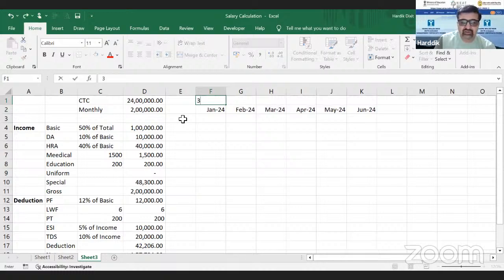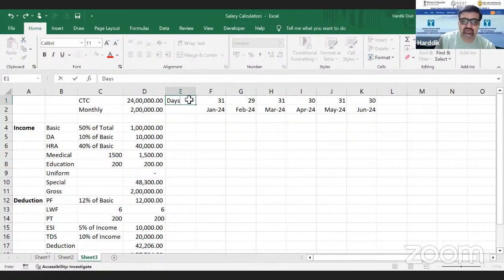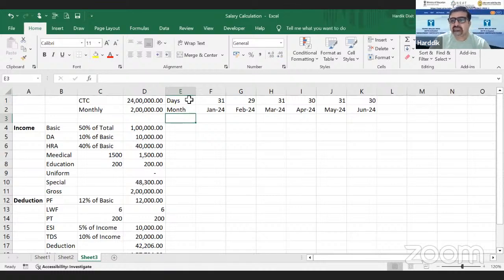January we have 31 days, February 29, March 31, April is 30, May is 31, and June is 30. Right? Total days for the given month.